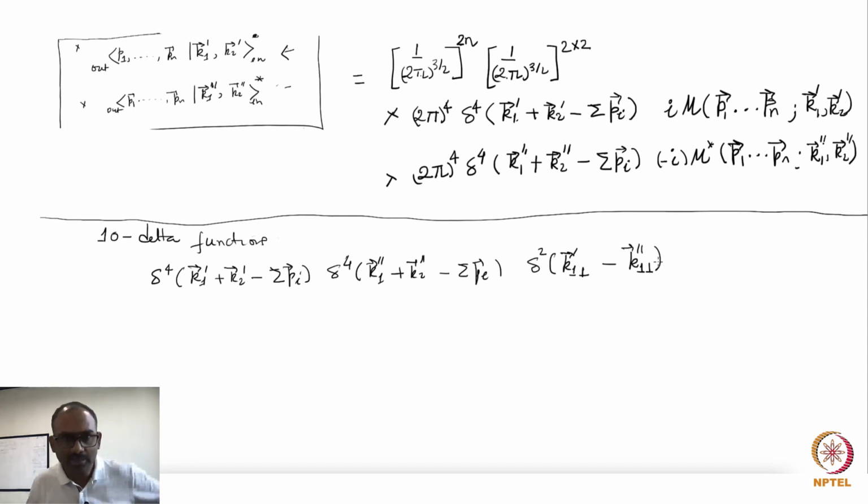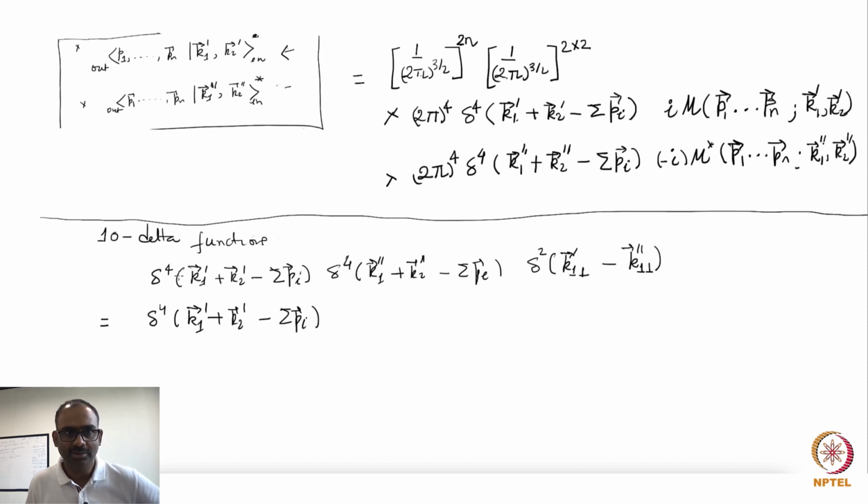Now I can write this again. In the second delta function, I will replace the summation over pi by k1 prime plus k2 prime, because these 4 delta functions click only when the summation over pi equals k1 prime plus k2 prime.